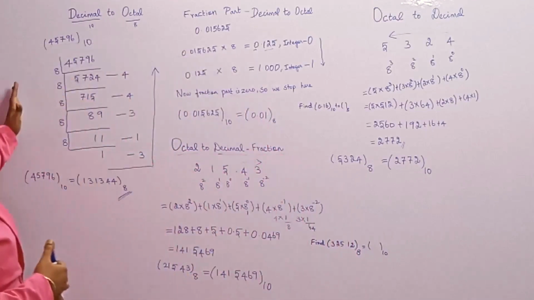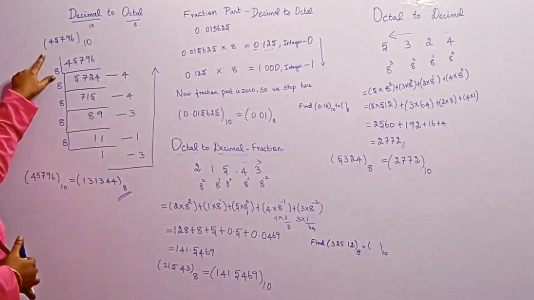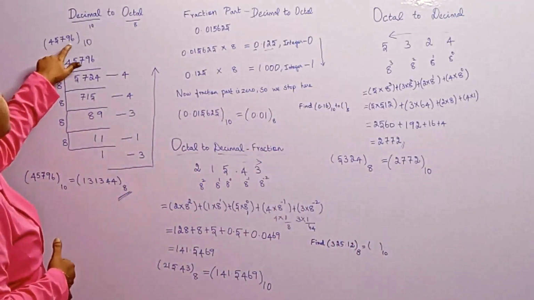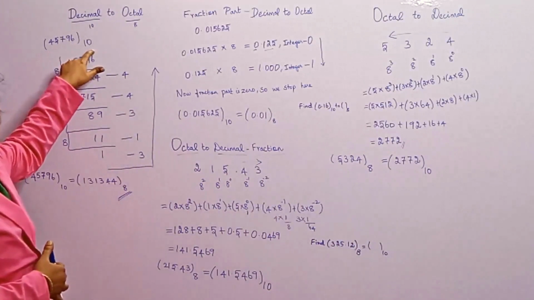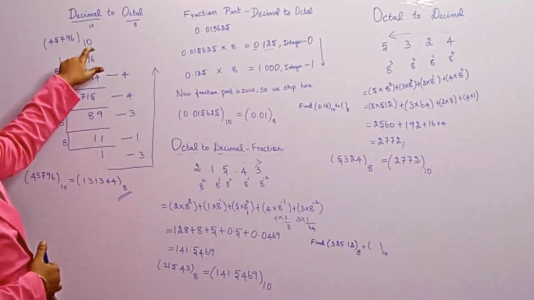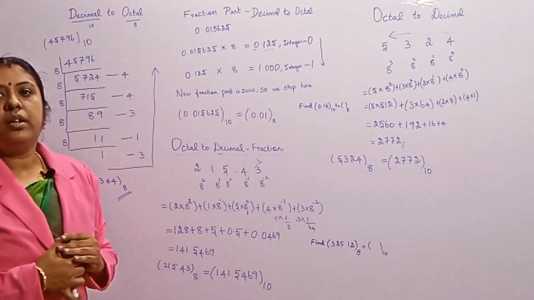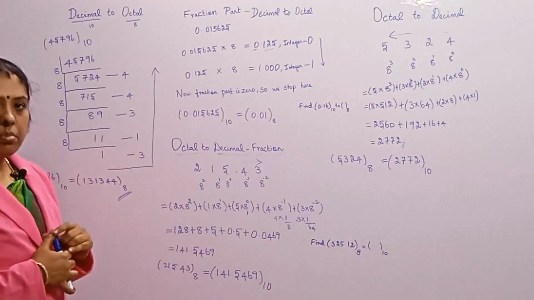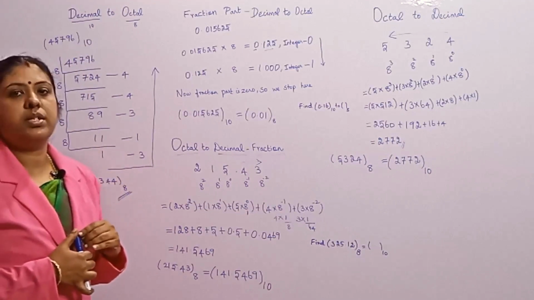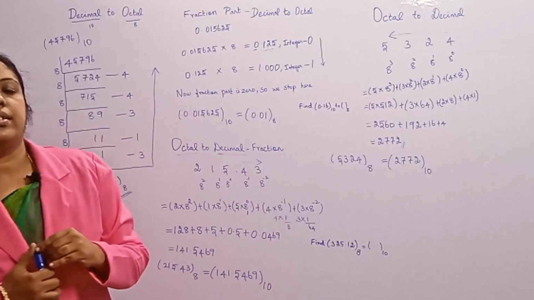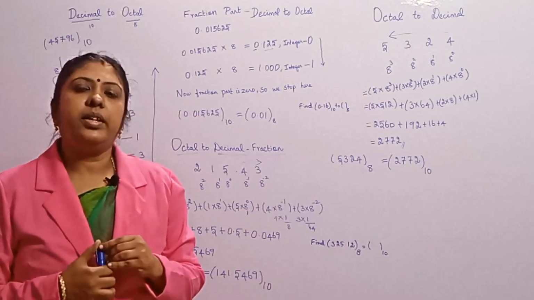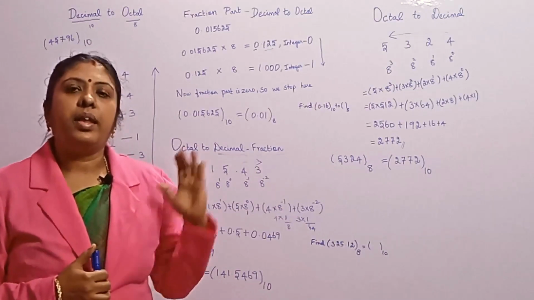The first example is to consider the decimal number 45796 to the base 10. Here we have to convert this decimal number to the octal number system. The idea is to continuously divide this number by 8 and note the remainders.